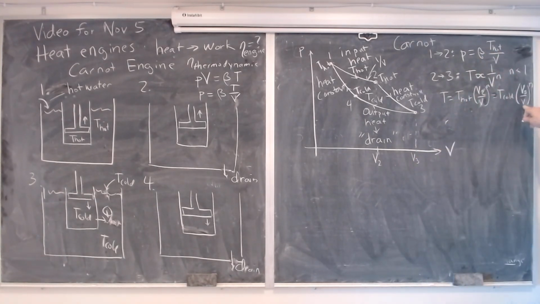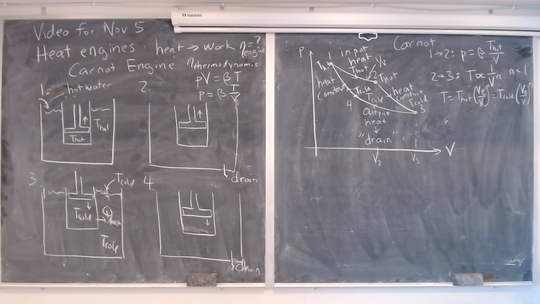And so if I plug in V3 there, see what I'm doing here? It's going as 1 over V to the n, and I'm skipping a couple of steps so that I can write down an actual equation instead of a proportionality, because I know at V2 it's T hot and at V3 it's T cold.